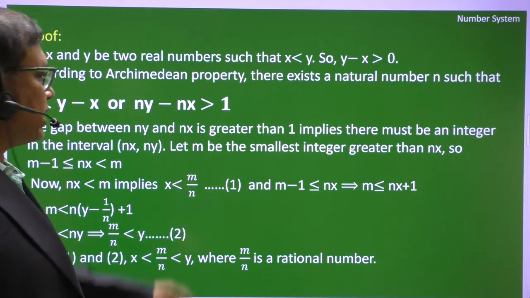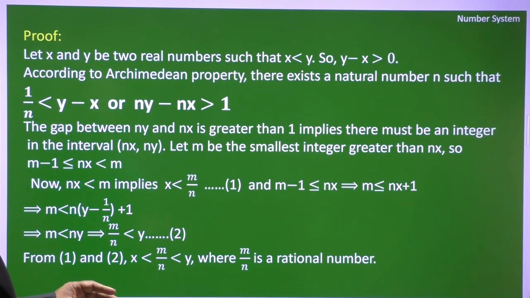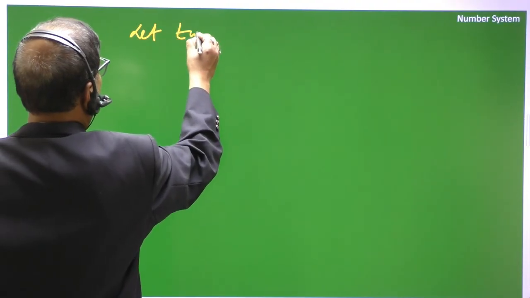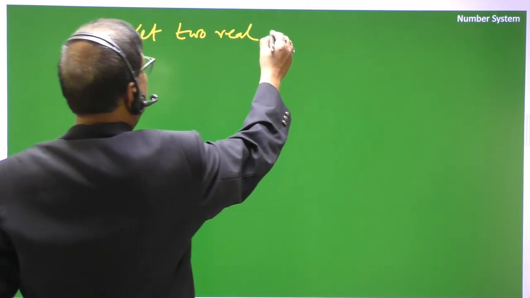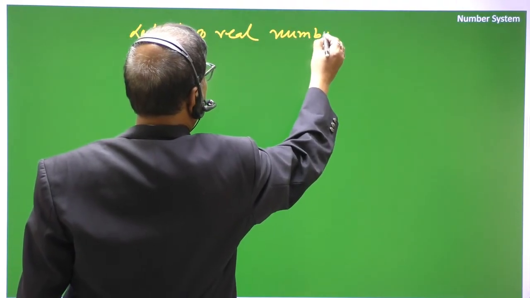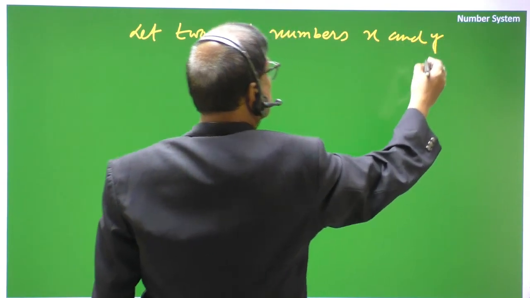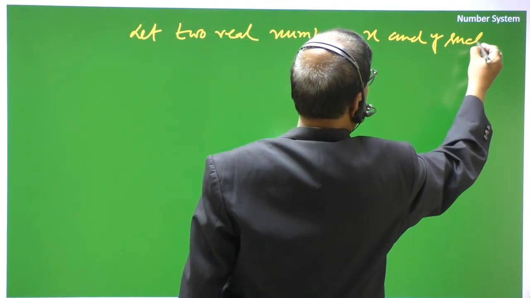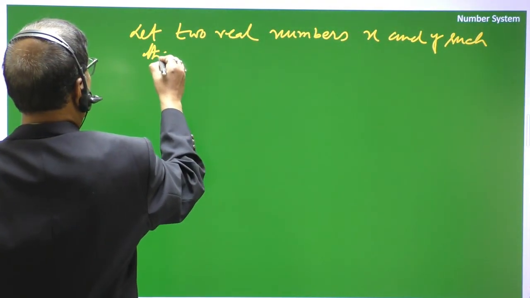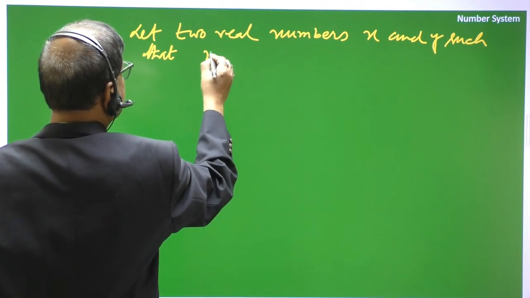Now the proof is written here, but still I'll explain how we can prove the density theorem. So first I am taking two real numbers. Let two real numbers x and y such that x is less than y.